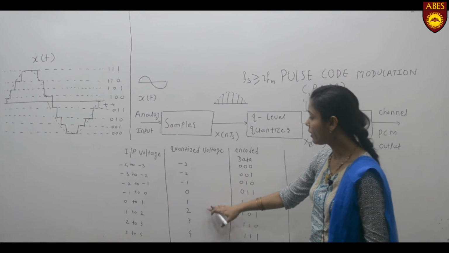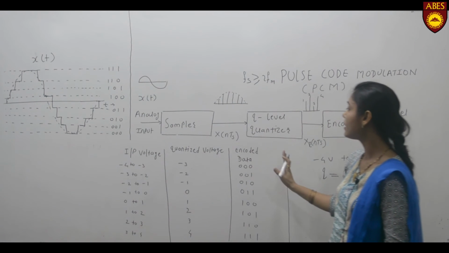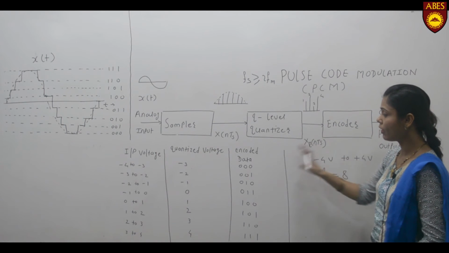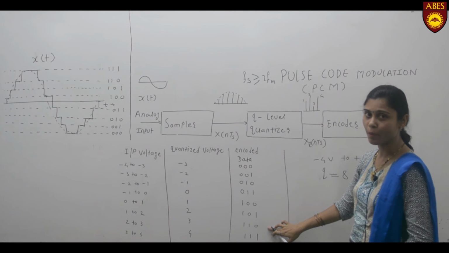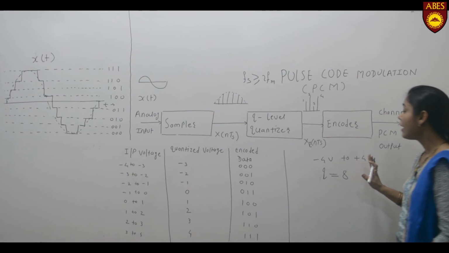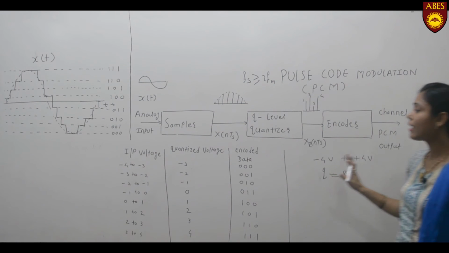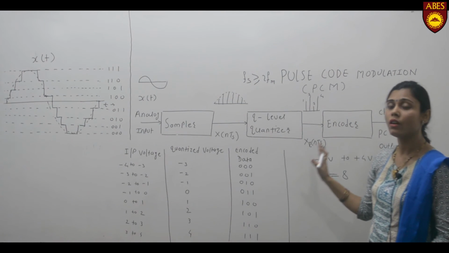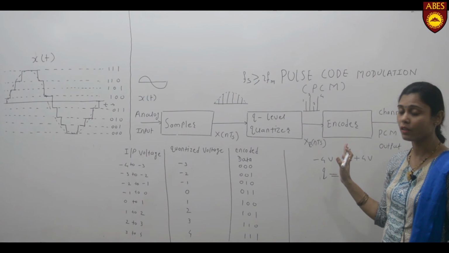So these voltages are converted into digital data with the help of the encoder, and they have this combination. Because we have only 8 quantization levels, we can convert the complete data into a combination of 3-bit data.